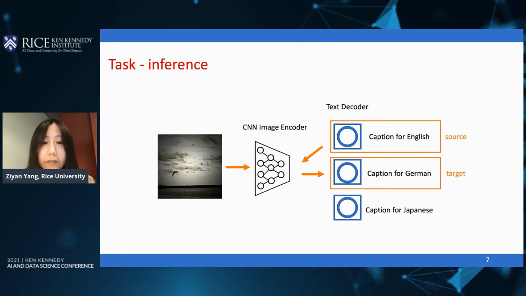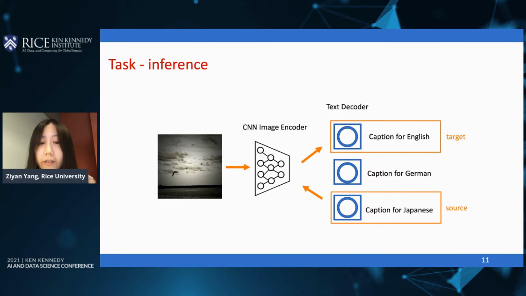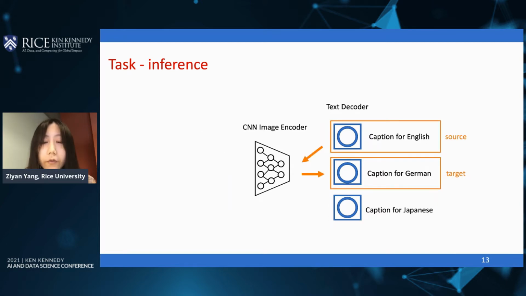Here, English is the source language and German is the target language. We can also use English to help Japanese, German to help English, German to help Japanese, Japanese to help English, and Japanese to help German. Furthermore, to purely test the information transfer between language pairs, we can even get rid of images and only use captions.